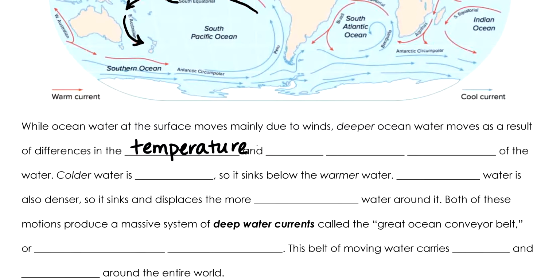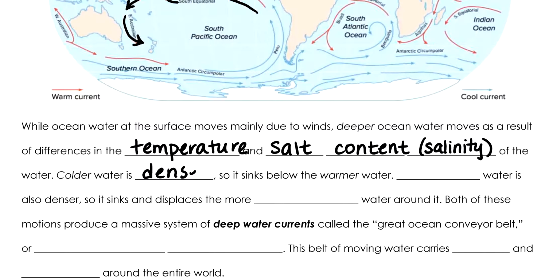The other factor in these deep ocean currents is salt content or salinity. We know that colder things are denser, and this is true for water as well. Cold water is denser, it sinks below the warmer water, and saltier water is also denser.